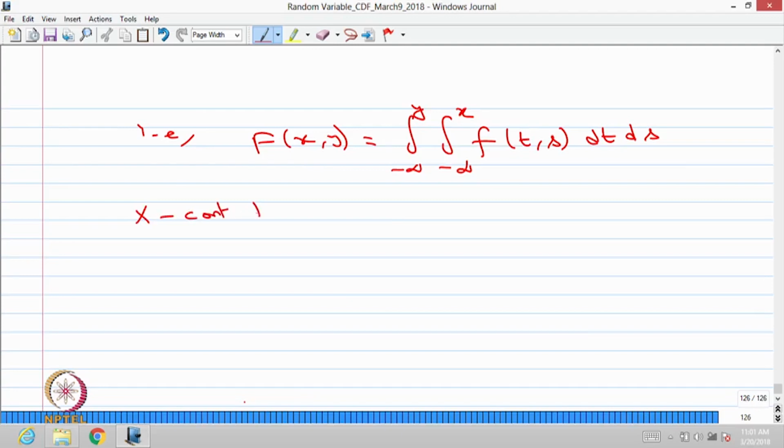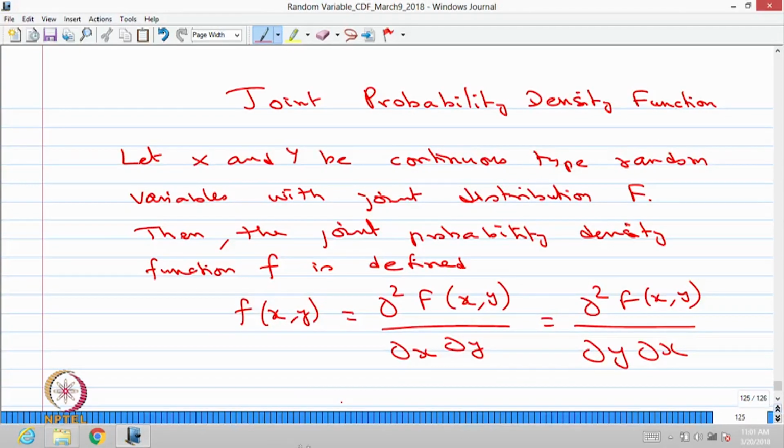It is similar to the 1-dimensional random variable in which x is of the continuous type, then the CDF of x can be written in the form of integration of some integrand, and that is the probability density function of the random variable x. The same way we are writing for a two-dimensional continuous type random variable, therefore the probability density function is nothing but the second order partial derivative of CDF with respect to x and y.